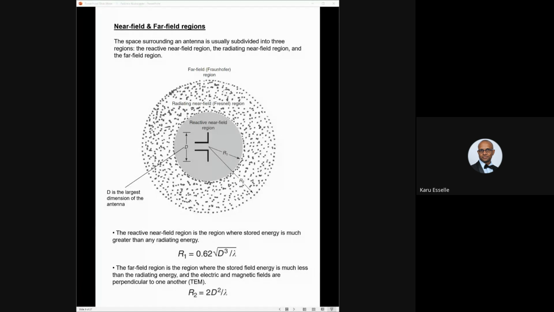So this is important when we design things like metasurfaces for antennas. Often, if you try to steer the beam of a very large antenna, your metasurface is pretty much in the near field, not in the far field, but we have to approximate some far field conditions.